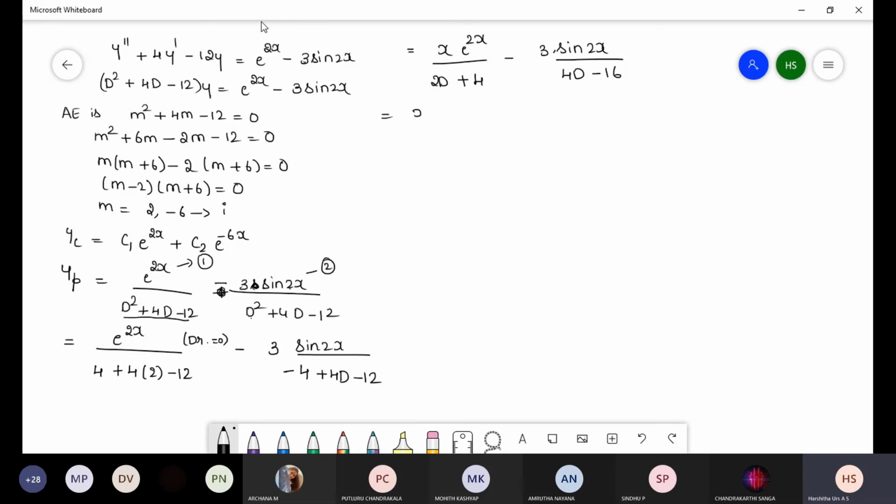So here again I write d is equal to a. Here in the first step I write d is equal to a. So I get 2 into 2 plus 4 for the first step.